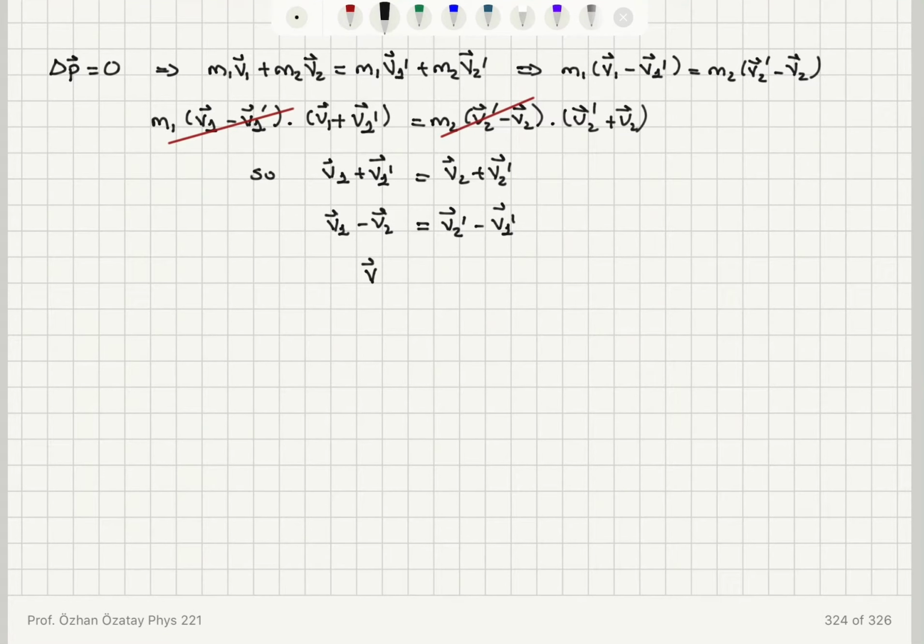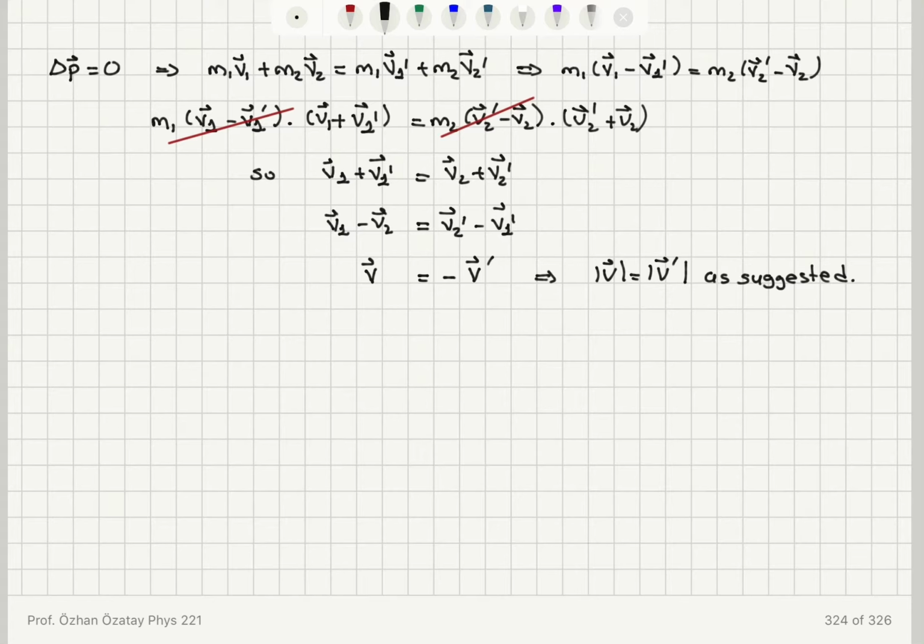So this is capital V. This must be equal to v2 prime minus v1 prime, which is capital V prime. Therefore, the magnitude of the relative velocity must be the same as suggested by the problem statement.